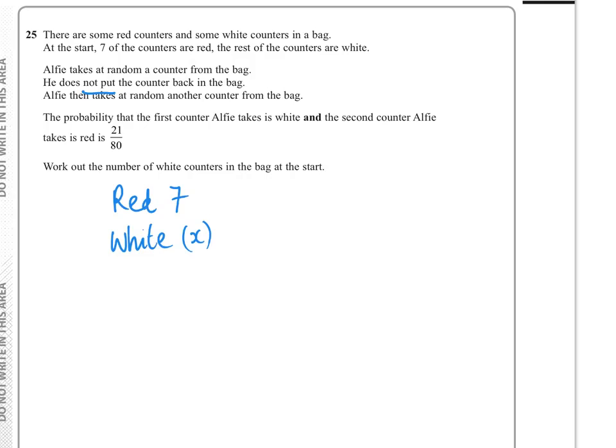It already tells you that 21/80 is the probability. The first one being white is x out of the total number of counters, and so then times the second counter being red, which is 7 out of, now we'd have one less counter to choose from, because don't forget he does not put the counters back, so it'll be x plus 7 minus 1, which is just x plus 6.